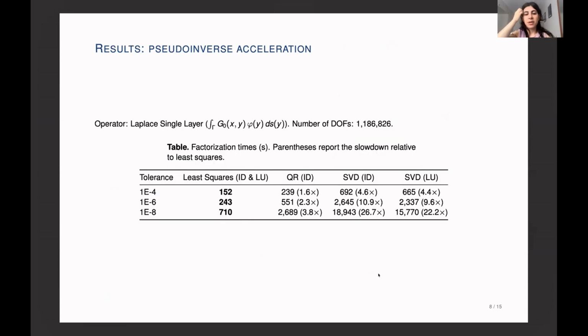So some results. For the first acceleration, we see that applying least squares to our implementation does matter. You can go from solving a problem in a little bit more than 10 minutes to closer to 4 or 5 hours using SVD. So going from SVD to least squares does pay off. This is for around 1 million degrees of freedom on a Laplace single layer problem, which is an easy problem.